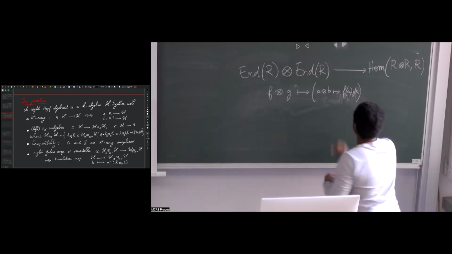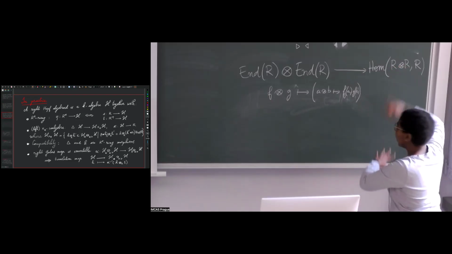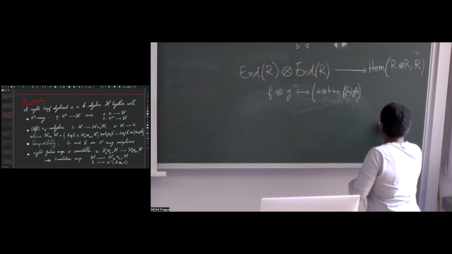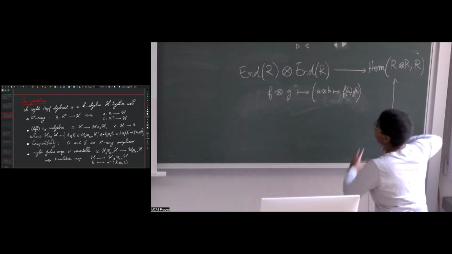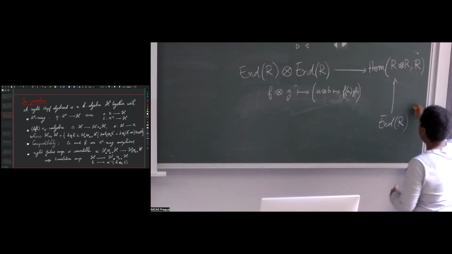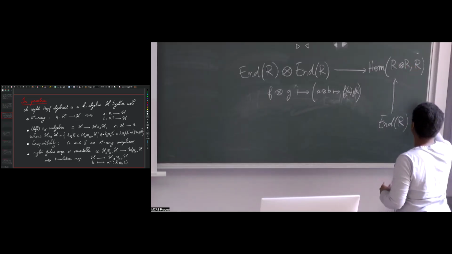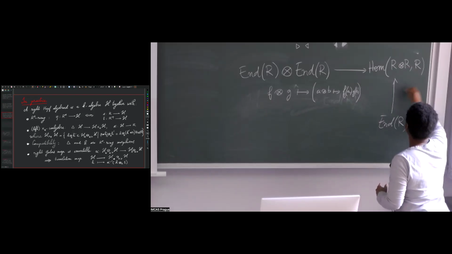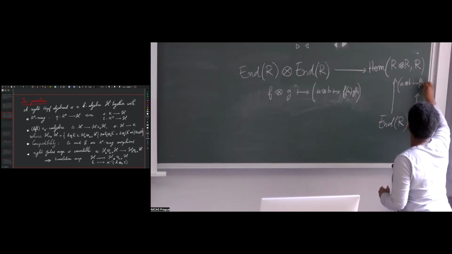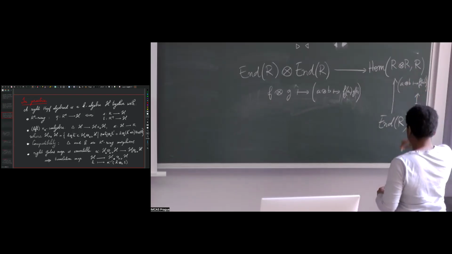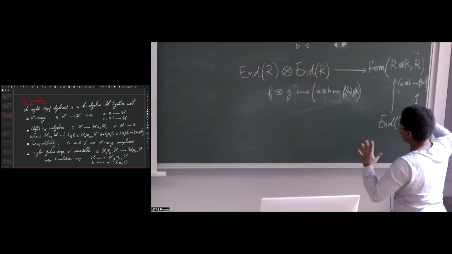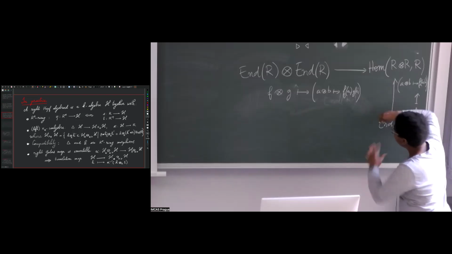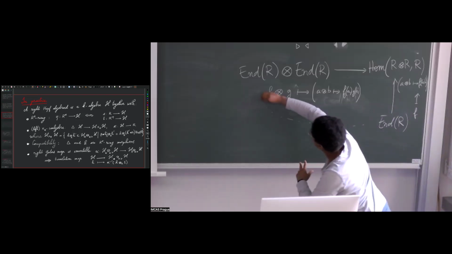On the other hand, I have one way to go from the k-linear endomorphisms up here, where if I just have some F, then I apply it to the product. And in theory, if we had a comultiplication, then it would go from here to here.